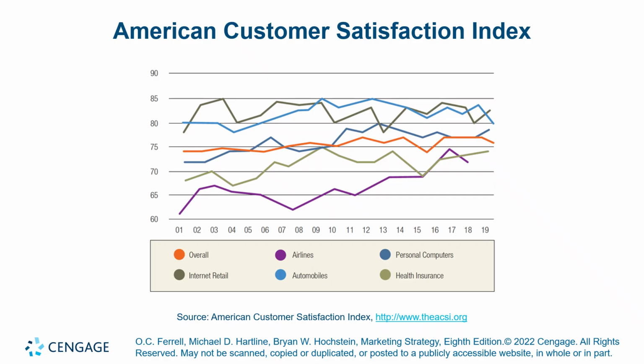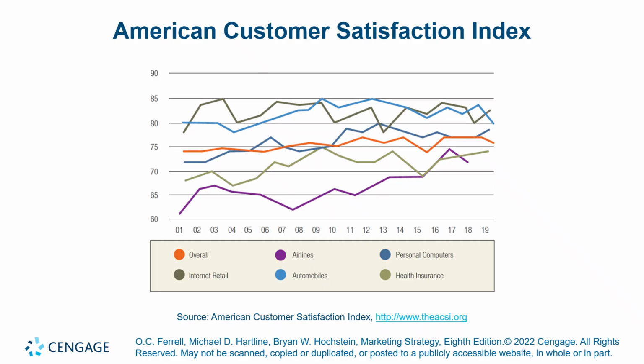And this blue is personal computers, and computers are going up somewhat. And this dark green, internet retail, has stayed pretty much on top. Automobiles' customer satisfaction is pretty high, around 80, up to 85.